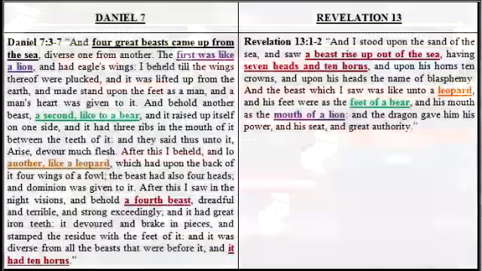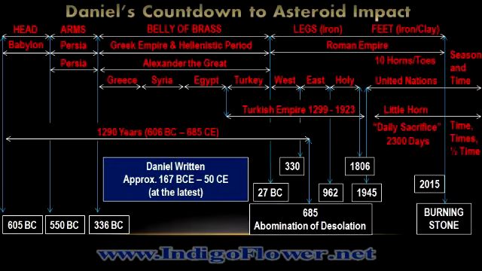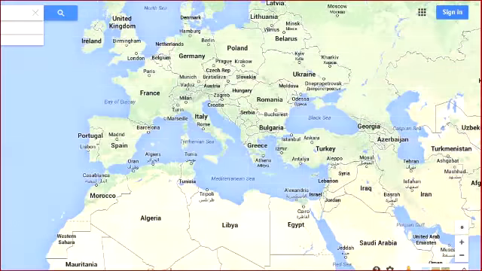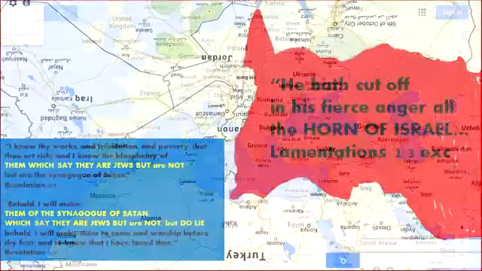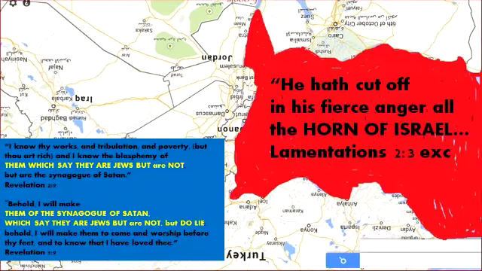And notice the beast with 7 heads and 10 horns, we're told, rises out of the sea, and all 7 heads, the 4 heads that came out of the Greek Empire and the Western, Eastern, and Holy Roman Empires, all surrounded the Mediterranean Sea. Also notice the Mediterranean Sea looks like the head of a beast with its tongue sticking out when viewed from the north.